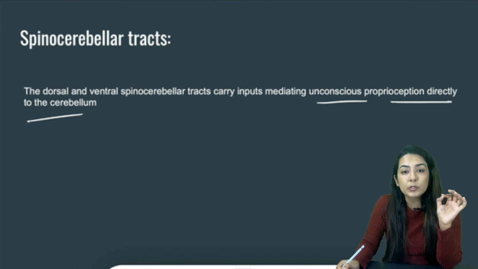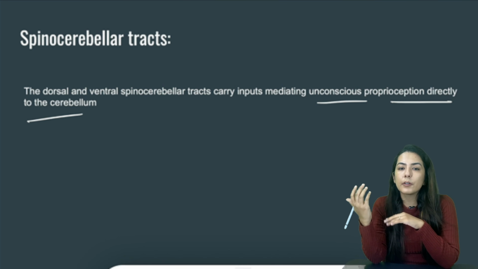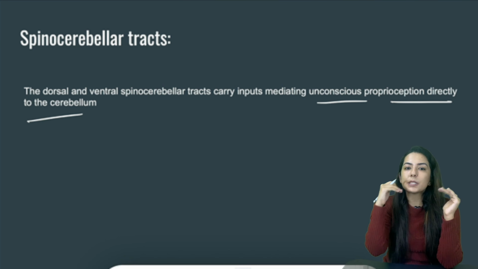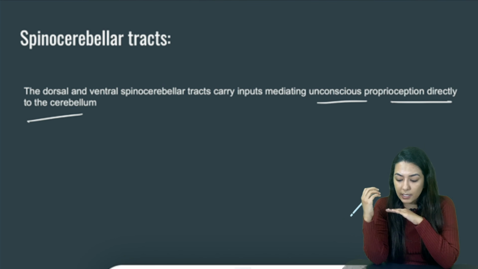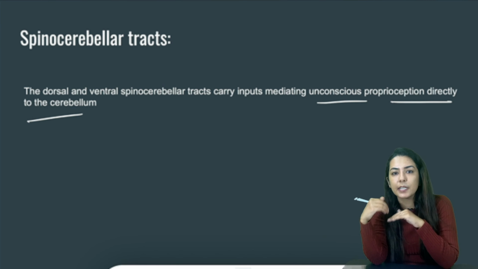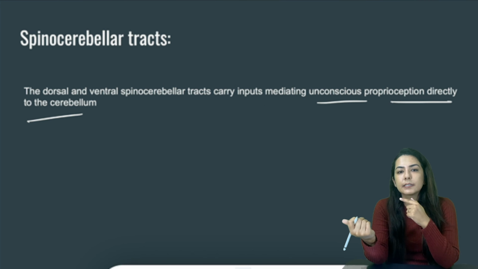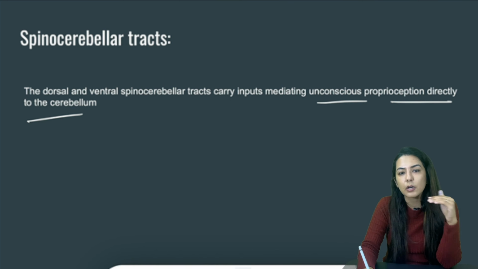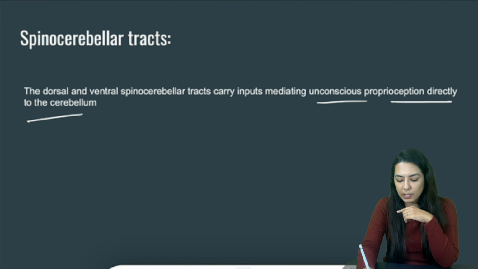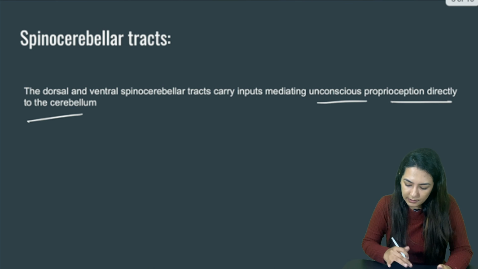One more thing is that the dorsal column provides the information of proprioception from one side to the contralateral cortex, but the spinocerebellar tract provides the information of unconscious proprioception of the ipsilateral side. So if the Golgi tendon organ of the right side is giving the nerve to the spinocerebellar tract of the right side, it will go into the right cerebellum. So it is important to understand that the dorsal column crosses to the opposite side and goes to the opposite side of the cortex, while the spinocerebellar tract is on the ipsilateral side.